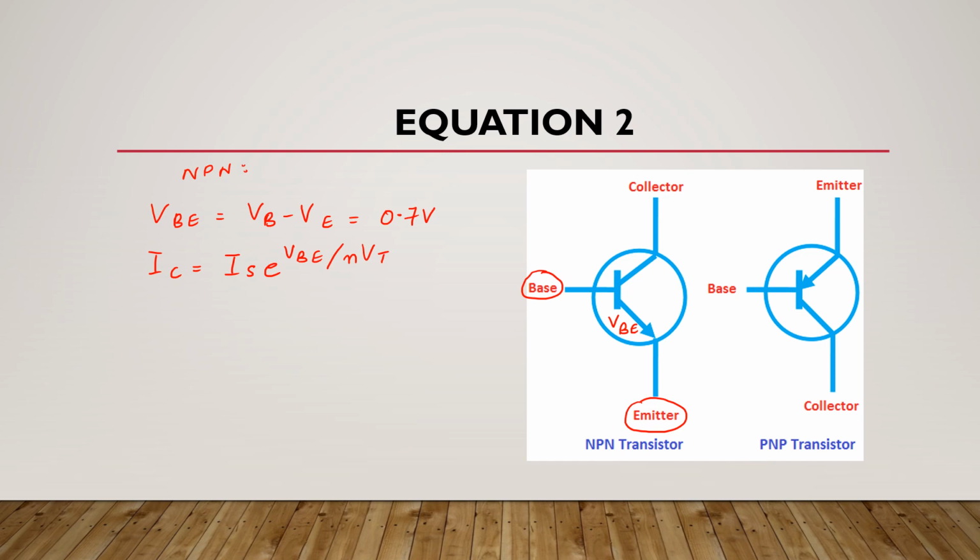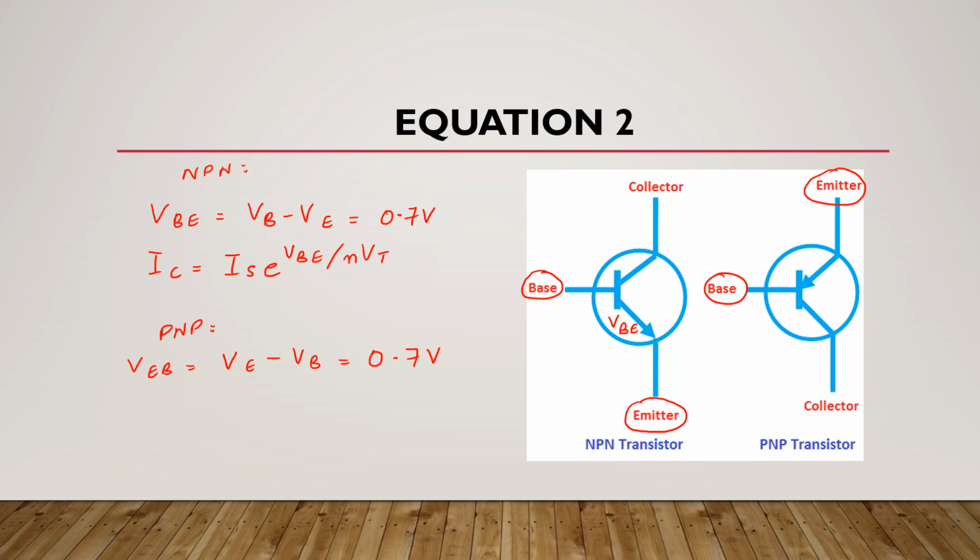Okay. Now, in case of a PNP transistor, the emitter is at higher potential than the base. It means when this transistor is in the on state, the voltage drop between emitter and base is VEB, which is equal to VE minus VB, and it is also assumed to be 0.7 volts.